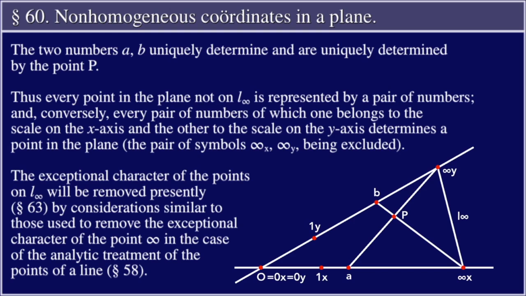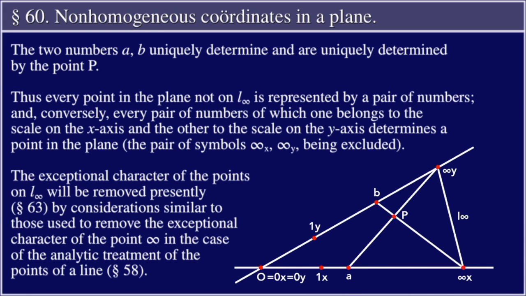The two numbers A, B uniquely determine and are uniquely determined by the point P. Thus, every point in the plane not on L infinity is represented by a pair of numbers, and conversely, every pair of numbers, of which one belongs to the scale of the x-axis and the other to the scale on the y-axis, determines a point in the plane, the pair of symbols infinity x, infinity y being excluded. The exceptional character of the points on L infinity will be removed presently.